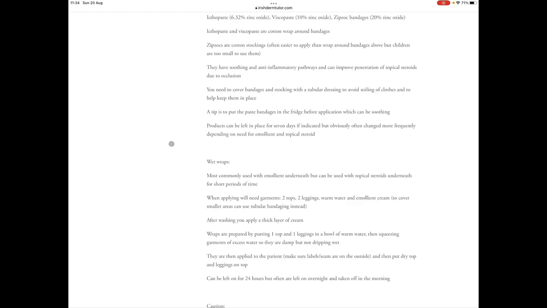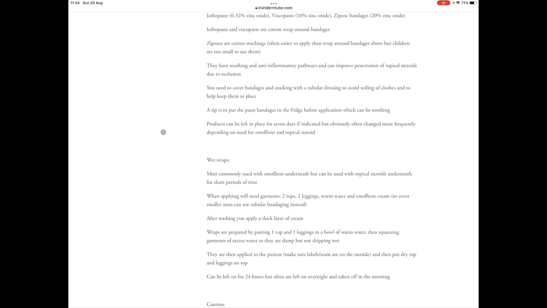All these bandages have soothing and anti-inflammatory effects, and they can also improve penetration of topical steroids and the hydration of emollients, and this is due to the occlusion. It is important to note that you need to cover the bandages and stockings with another type of tubular dressing, and this helps avoid soiling of the clothes and also helps to keep them in place.